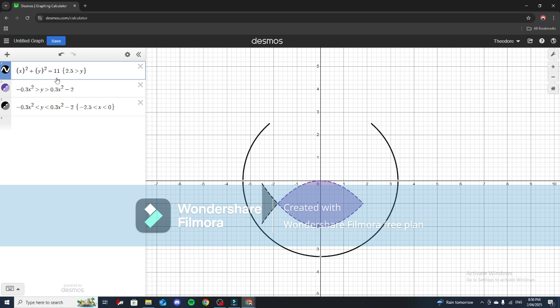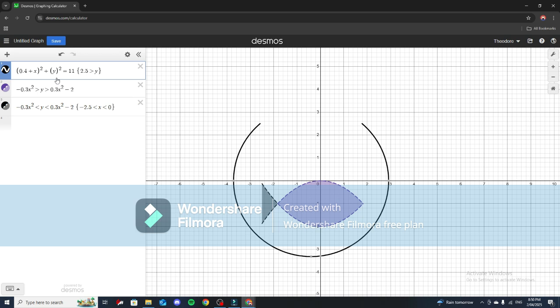What I found that helped me the most was that putting a number over here moved my circle just too much. So 0.5, 0.4, 0.4. That's the best.